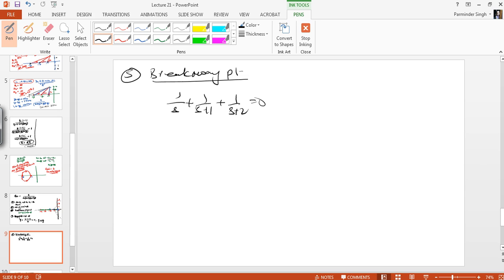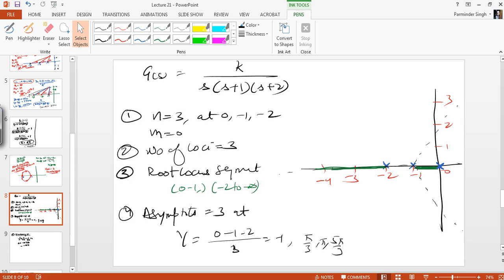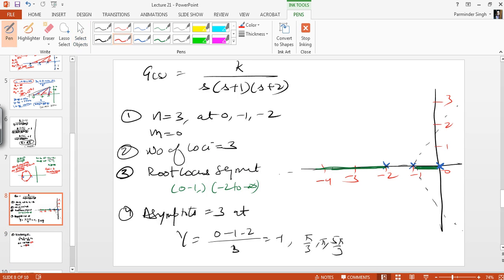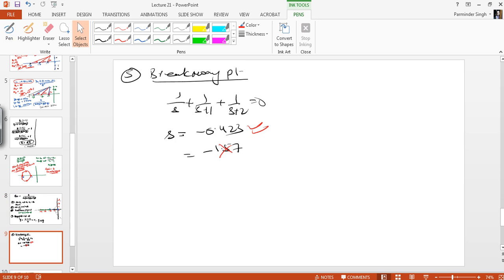We'll have a simple quadratic equation, solve it. We'll have two values of s, one is -0.423 and the other is -1.57. Let's see, -1.57 doesn't lie on the segment, so hence this is neglected, and that's your breakaway point. So somewhere here is your breakaway point, that is -0.423.